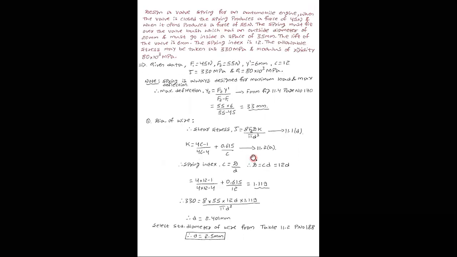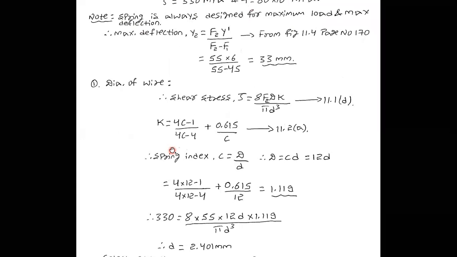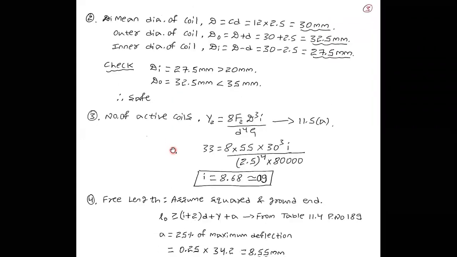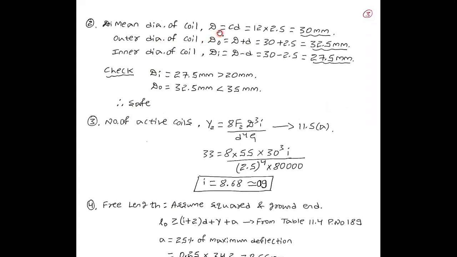After selecting the standard diameter, next you need to find out the mean diameter. From the spring index formula, the spring index is equal to mean diameter by diameter of the spring wire. Taking small d to the right hand side, you get the formula for mean diameter: C into d.